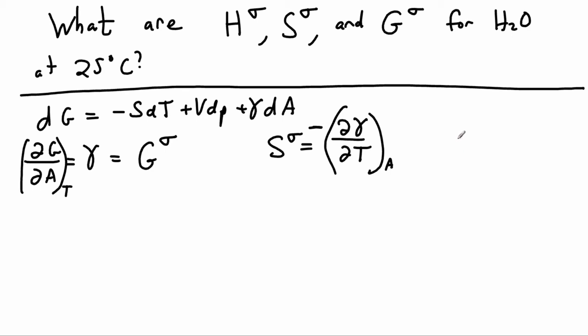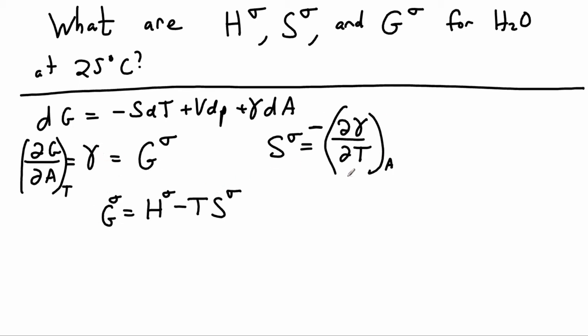What about H sigma? Well, we know that the Gibbs energy is just equal to the enthalpy minus temperature times the entropy, and we can write this for any system, including for the surface. So this means that if we have the surface tension, we already have G sigma.